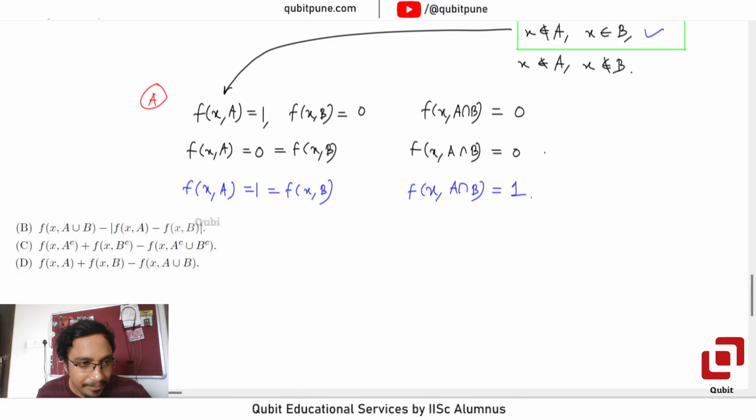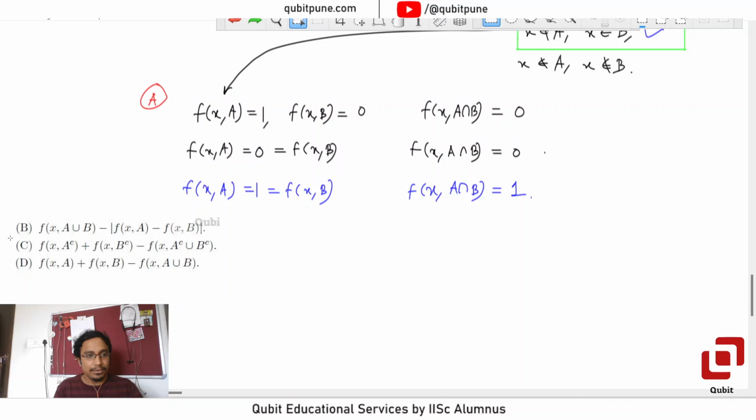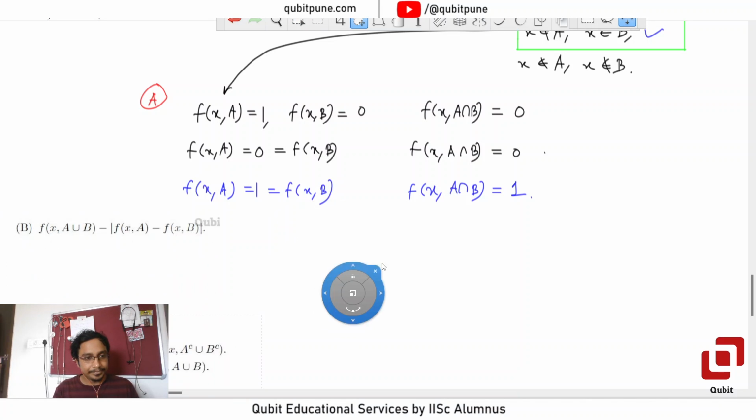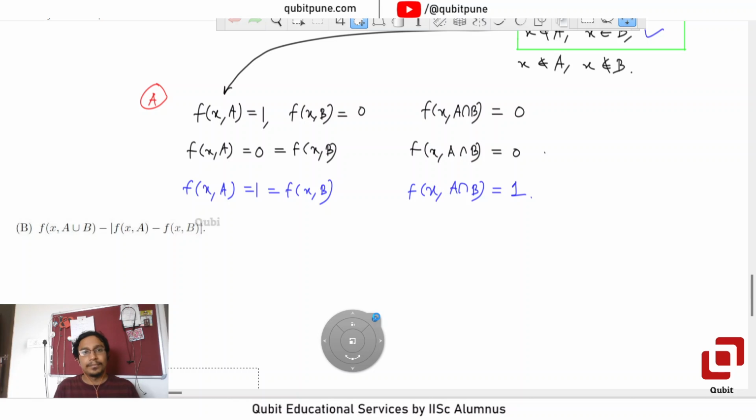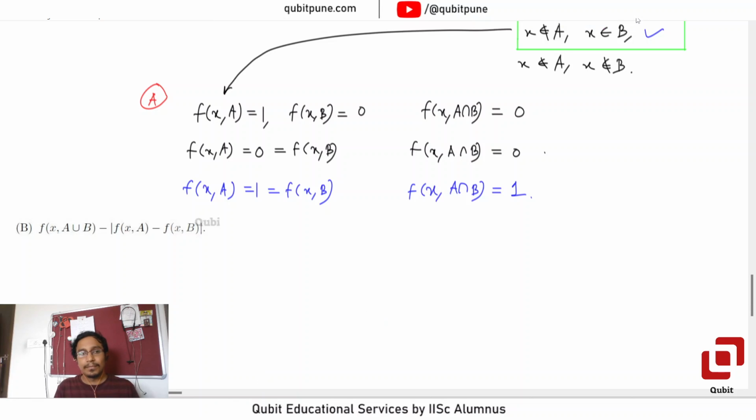Now please tell me, what do you think about option B? Do you think option B is correct? Do you think option B is incorrect? Please tell me. Yes, please.